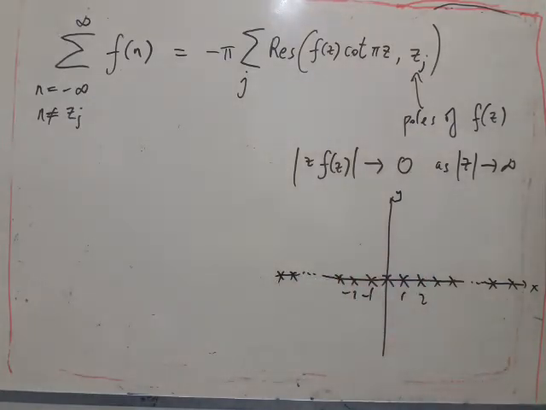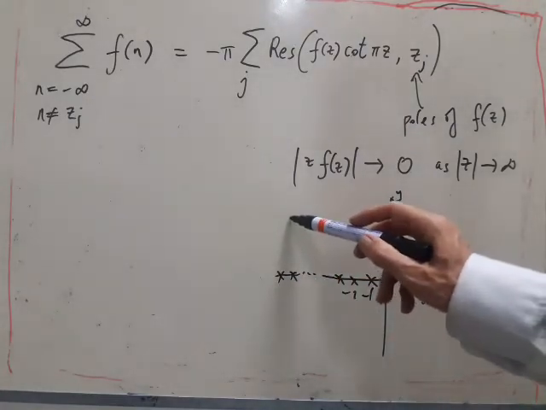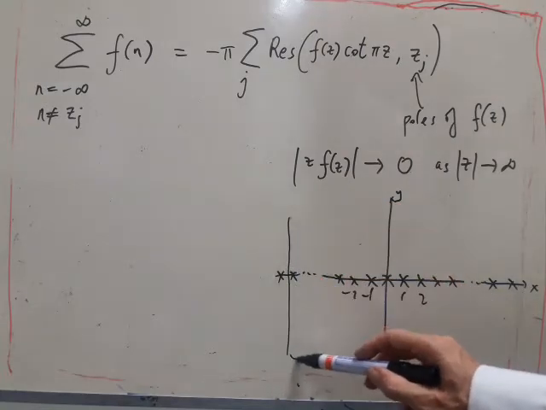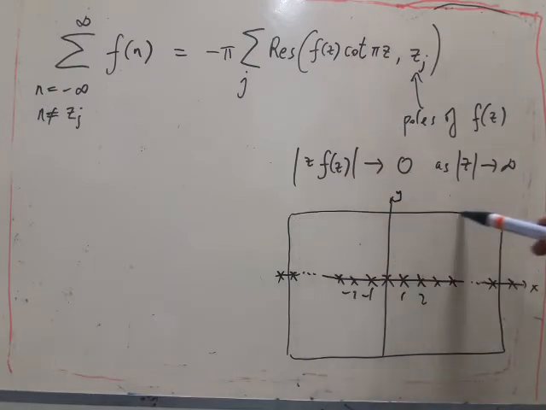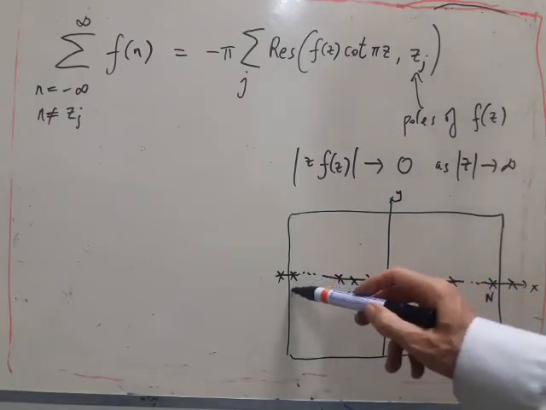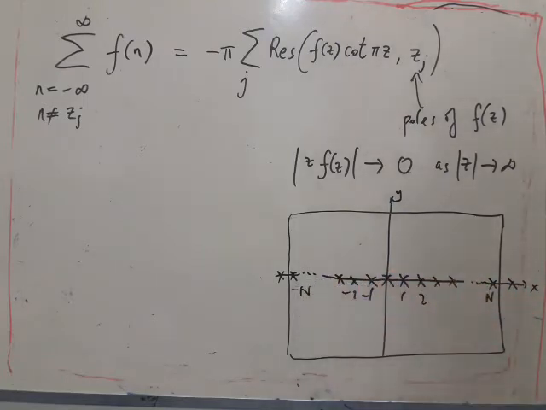Now, for my choice of contour, what I'm going to do is choose a square. So this is meant to be a square of size n, and this is going to be minus n. So the size of my contour will be n plus a half, and along here it's going to be n minus a half.